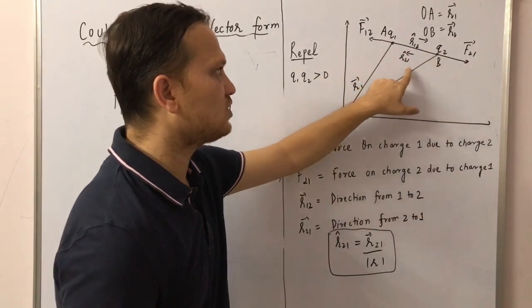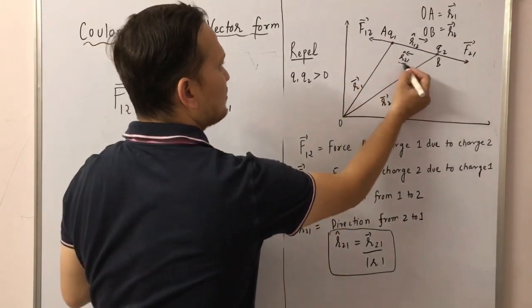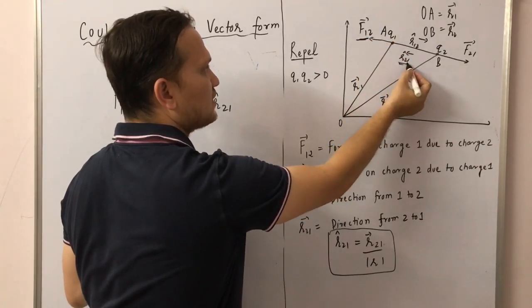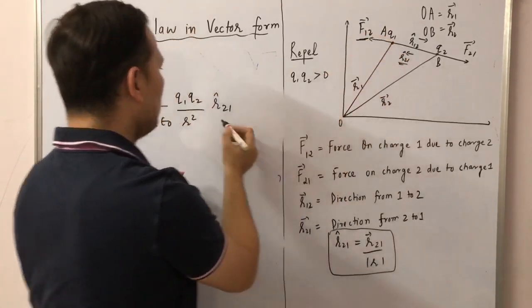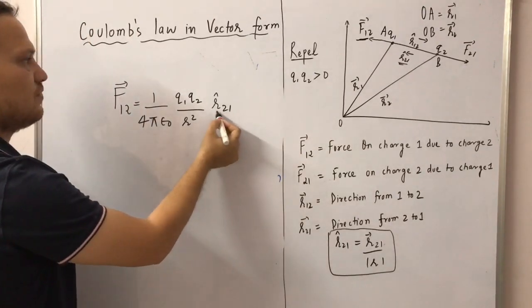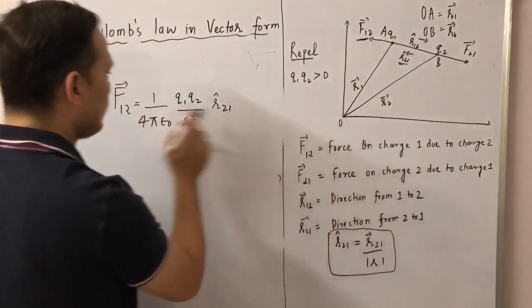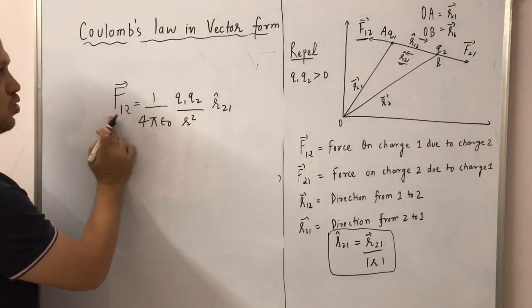That is why we multiply by the unit vector r21, because r21 means direction from 2 to 1, and we are also finding the force on 1 due to 2.